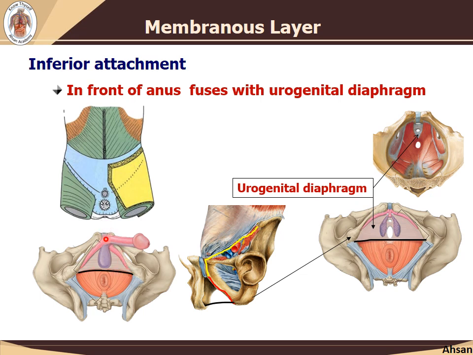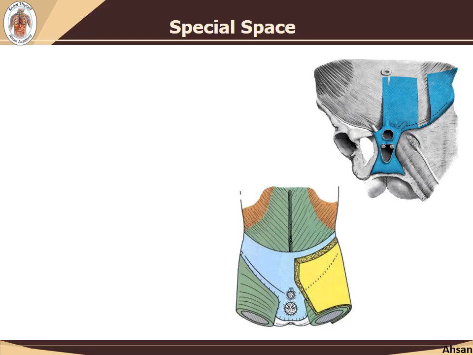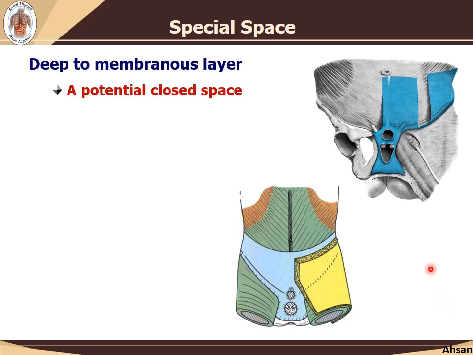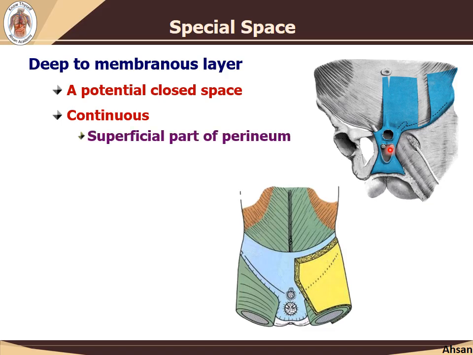So fluid will come here and start here, and move to the wall of the genitalia. So the space deep to the membranous layer is a potentially closed space. We can see this is the pubic tubercle, so fusion is there, and it continues into the wall of the genitalia.